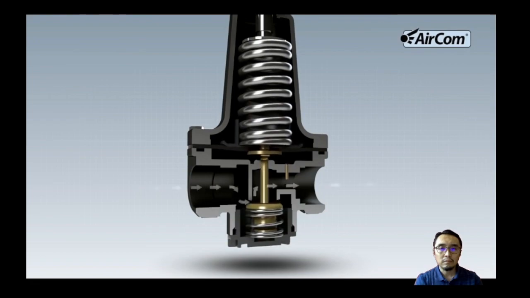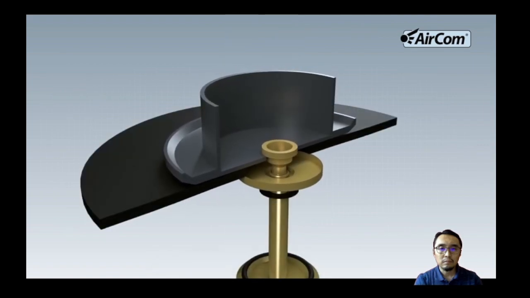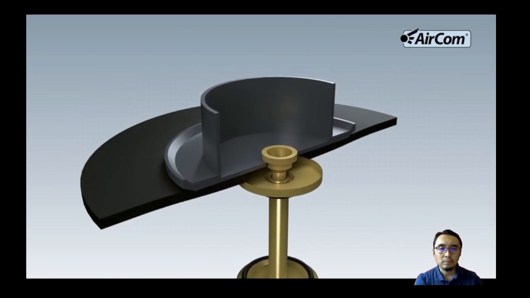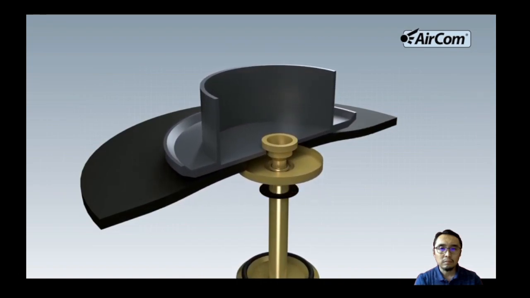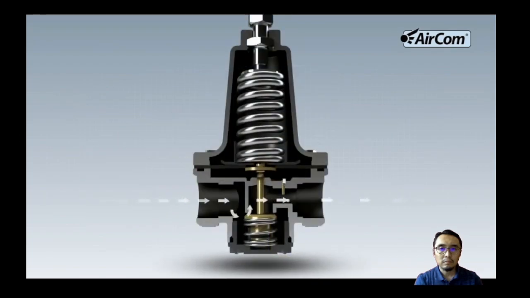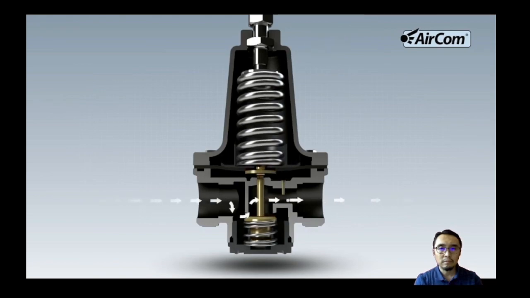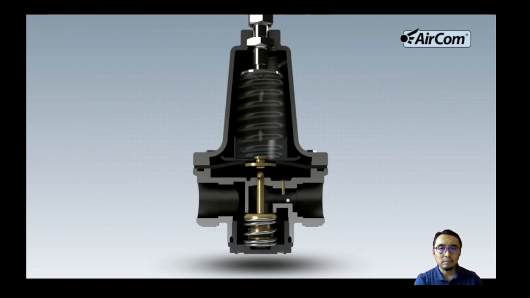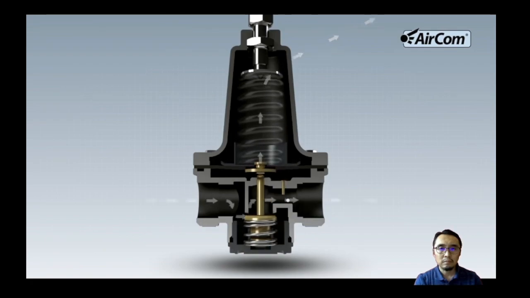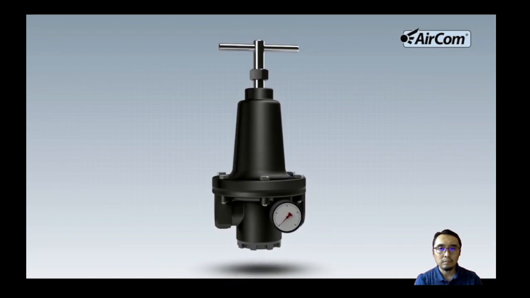The desired output pressure has been reached. If the actual value becomes greater than the set value, then the diaphragm lifts off from the tappet and the venting valve opens. Excessive air can escape. This function is known as self-relieving. This is not desired, however, for technical or toxic gases. A diaphragm without venting valve is used for that. Excessive air or gas does not escape through the regulator. This function is known as non-relieving.